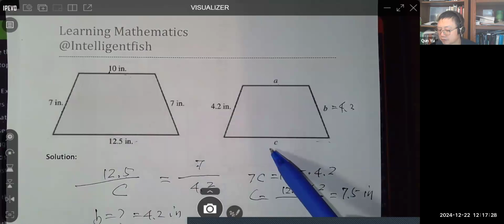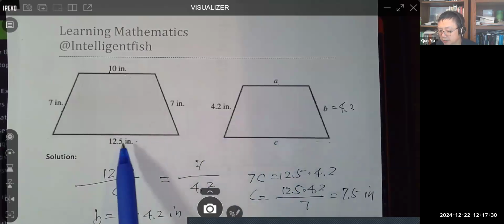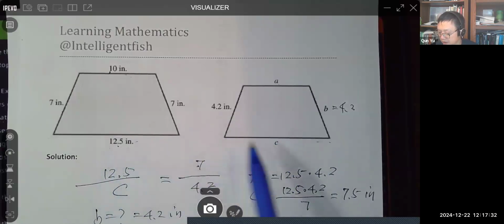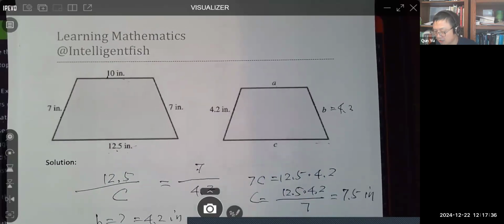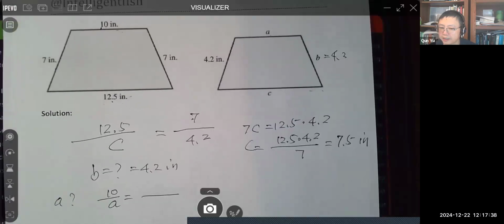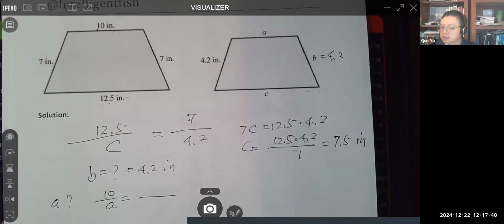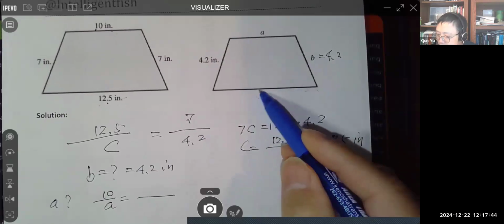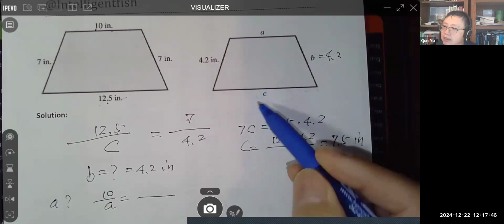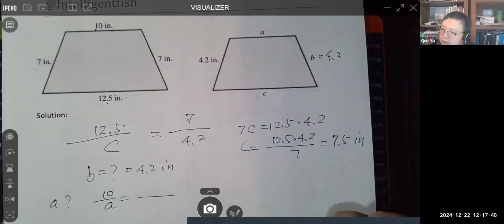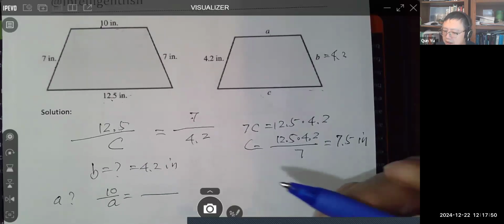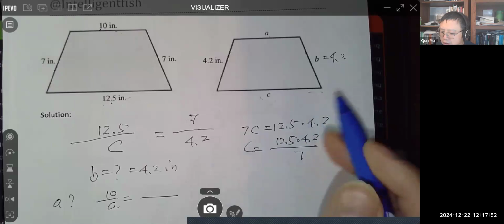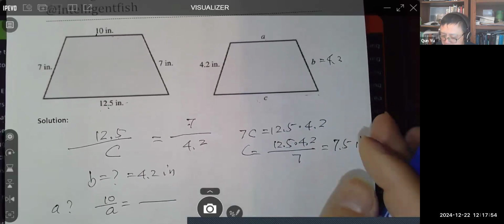Since we already solved for C, you can use this pair, 12.5 over 7.5. That's not wrong, but usually we avoid doing that. The reason is you could be wrong when you solve the first one. If this is the wrong answer, you use the wrong answer to do the next one, guaranteed you're going to be wrong again. So in other words, the general approach is that we use original numbers.